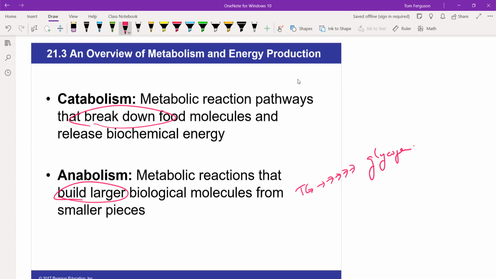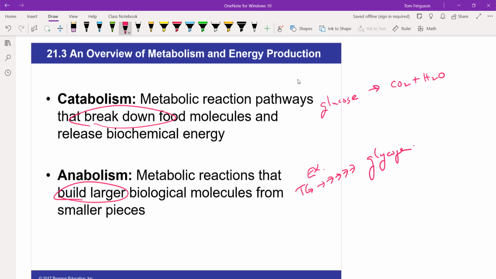That would be an example of anabolism. Catabolism would be breaking down, in many steps, but that's what you end up doing.